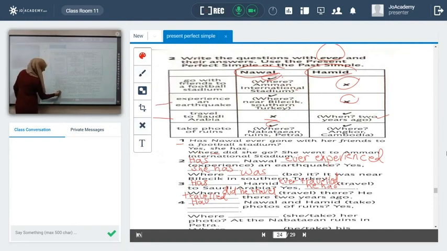Have Nawal and Hamad taken photos of ruins? How do we answer this? Yes, they have.